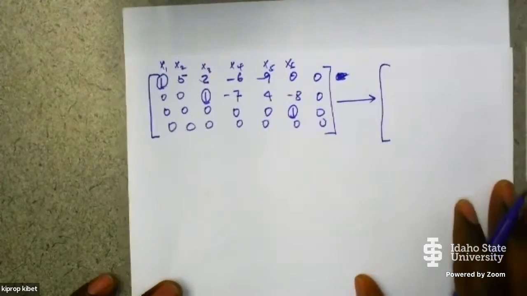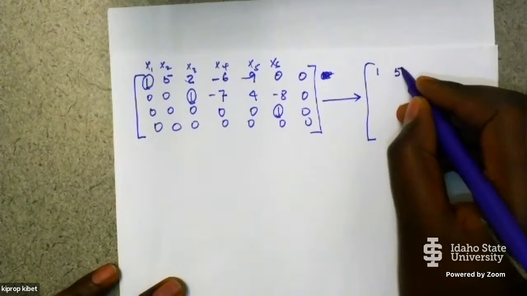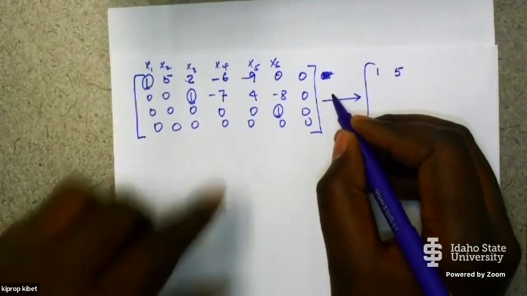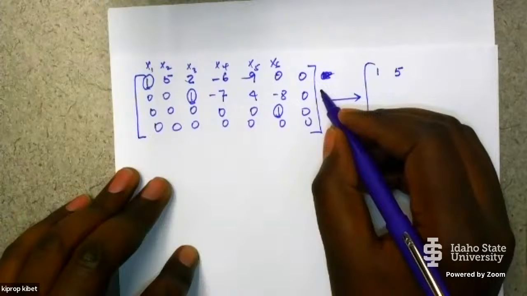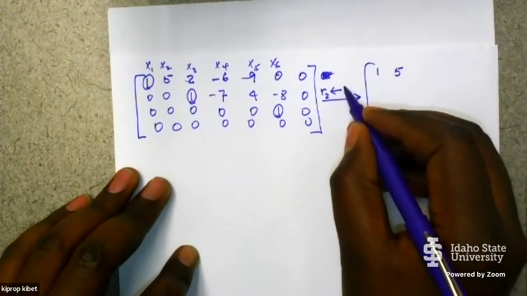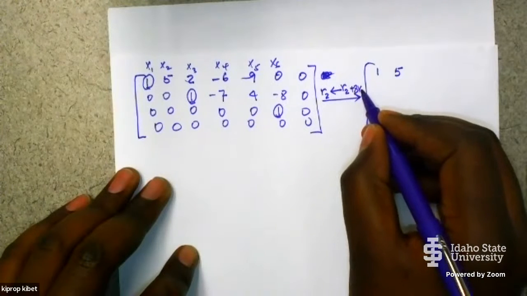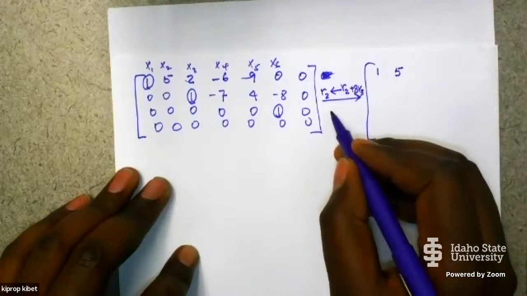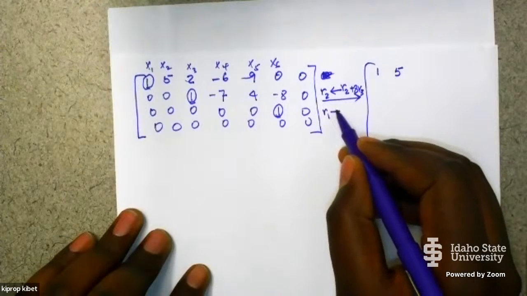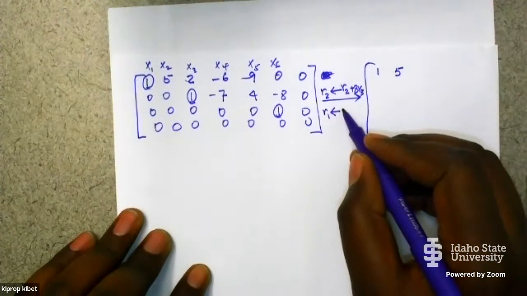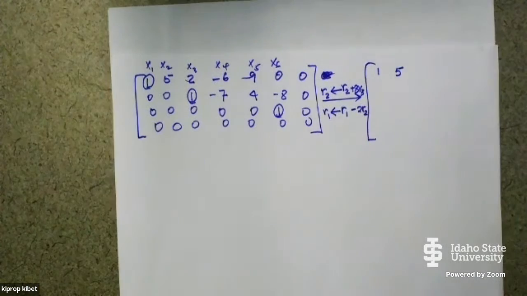So we can reduce R2 to get the new R2 plus 8 R3, and also we can reduce R1 to be our new R1, which is R1 minus 2 R2.